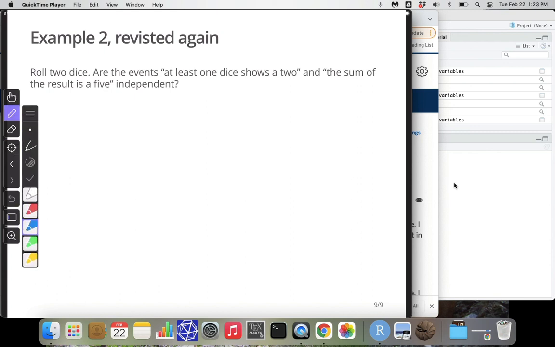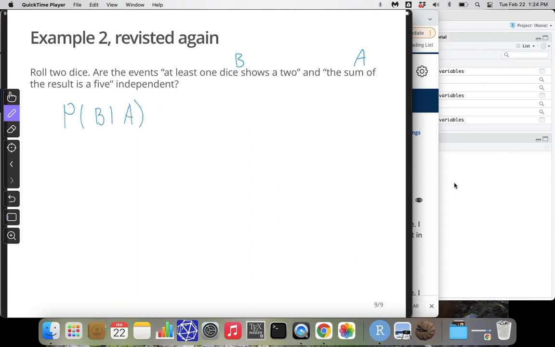So what we need to check is, if we call this guy A and this guy B, what we want to know is whether the probability of B given A is equal to the probability of B. And what we saw from before, the probability of at least one die showing a 2, given that the sum of the two die was 5, was 0.5, but the probability of at least one die showing a 2 was actually 11/36.